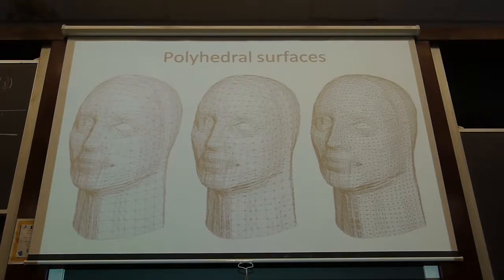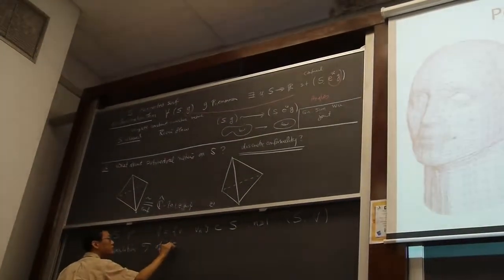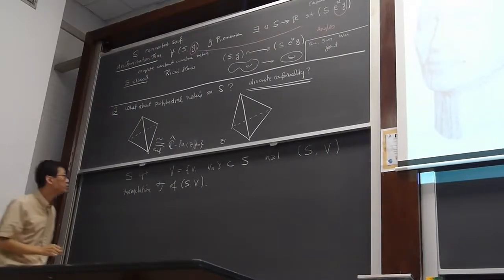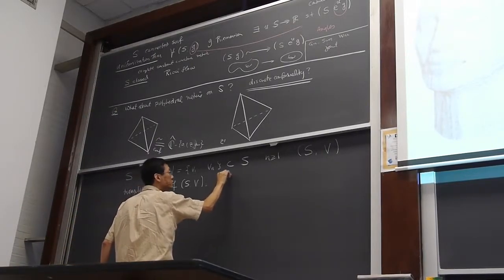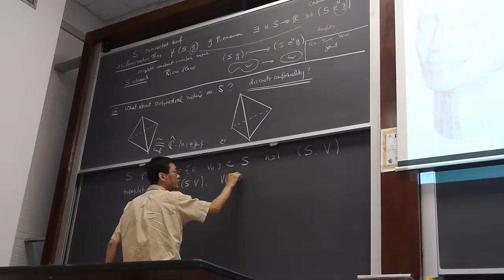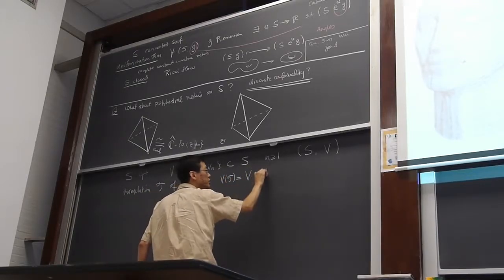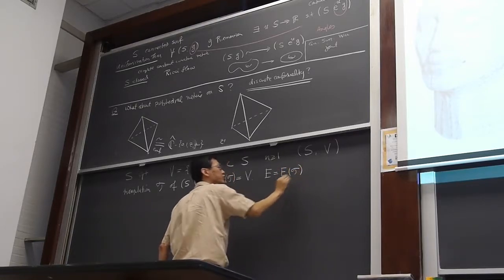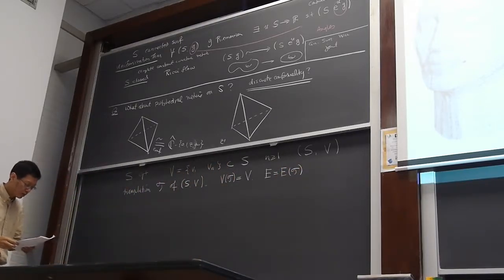So a triangulation T of the marked surface is just a topological triangulation, so that the set of all vertices of the triangulation is equal to V. I'm also going to use E to be the set of all edges of the triangulation as well.